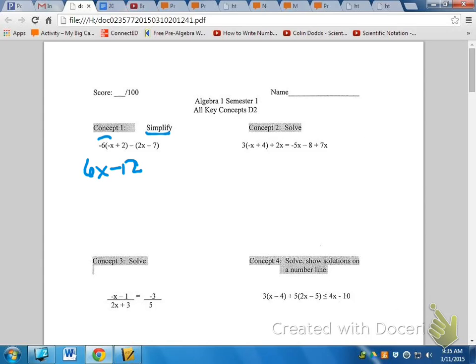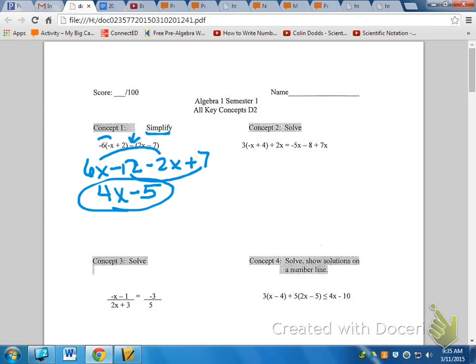Then I get to distribute this negative through, so negative 1 times 2x is negative 2x, and negative 1 times negative 7 would be plus 7. And now I'm going to combine like terms, so my 6x and negative 2x would be 4x. Negative 12 plus 7 would be negative 5. So the combination and simplification would be 4x minus 5.